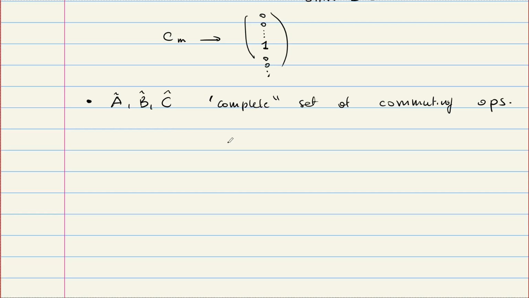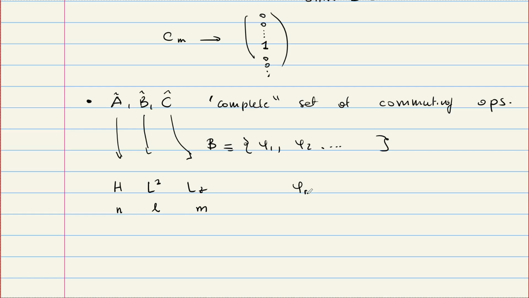In this case, the basis phi 1, phi 2, and so on are going to be simultaneous eigenstates of all of these operators. An example is A being H, the Hamiltonian of the Schrödinger equation, B being L squared, and C being L_z. Eigenvectors are labeled with the labels of each operator, for example N, L, and M, and basis vectors are going to be indexed by these N, L, M quantum numbers.